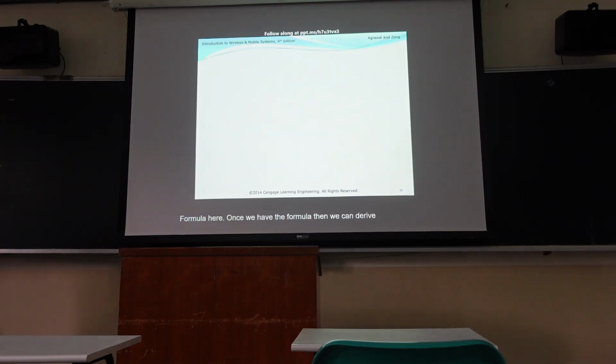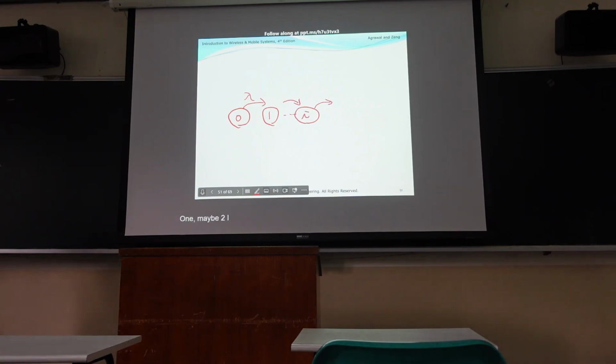So look at this. We have 0, lambda, 1. Maybe I use i, and we have i and 2. We have a lambda, and we have a mu. And we have i minus 1.